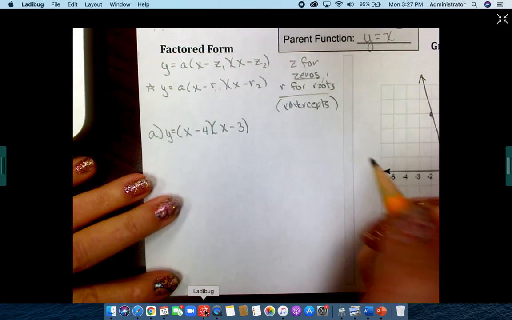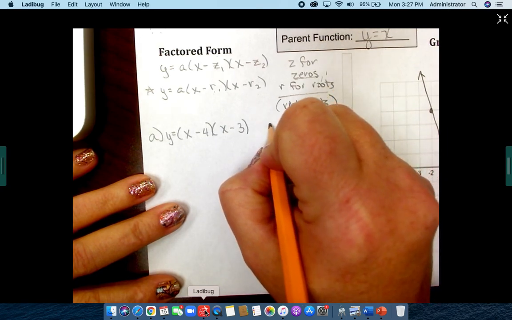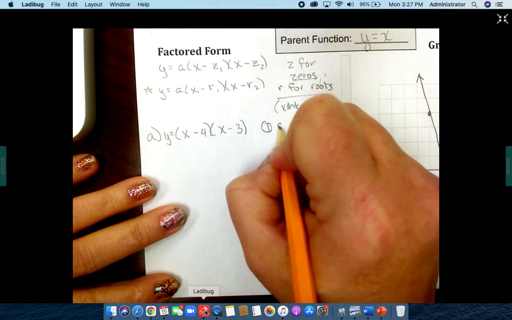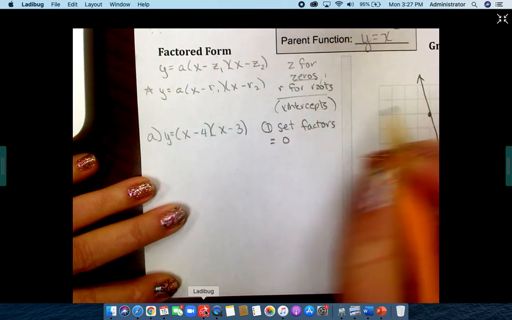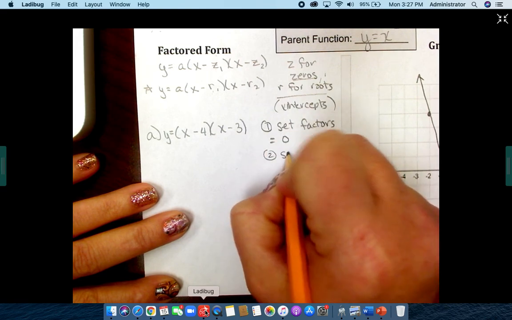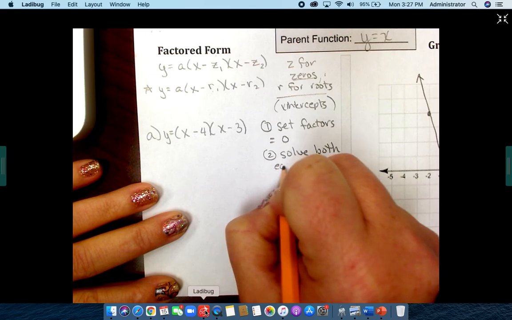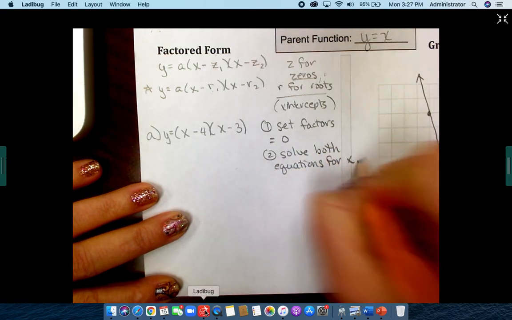So what do we do in order to find the x-intercepts? You got 2 instructions. Set factors equal to 0, and then solve both equations for x. And that's really it.